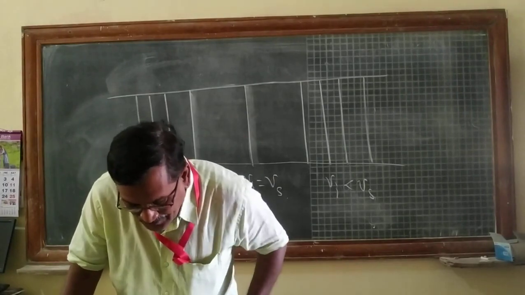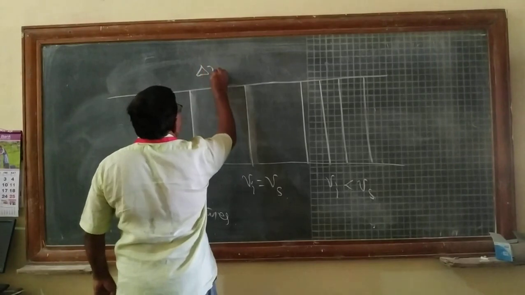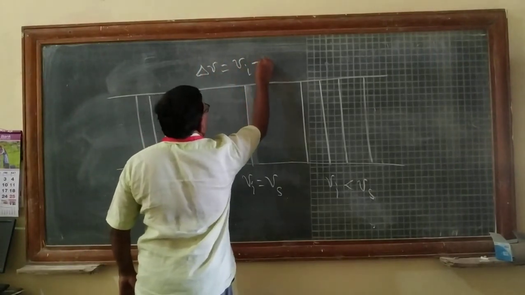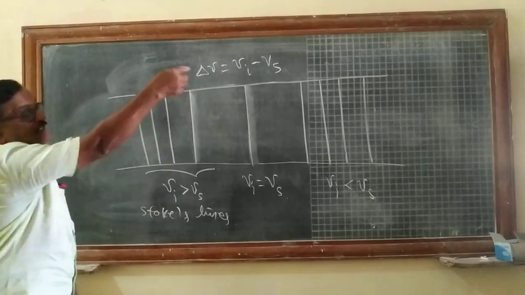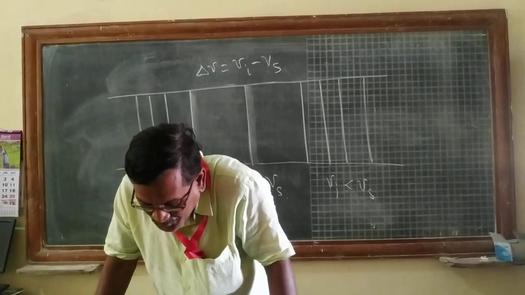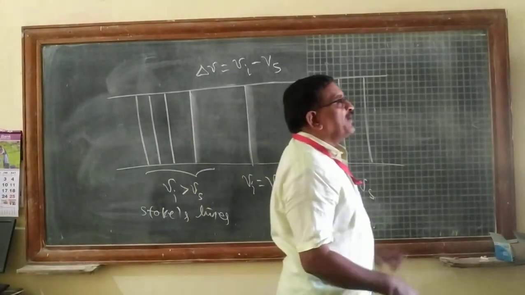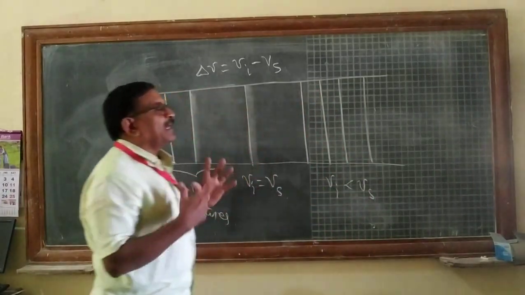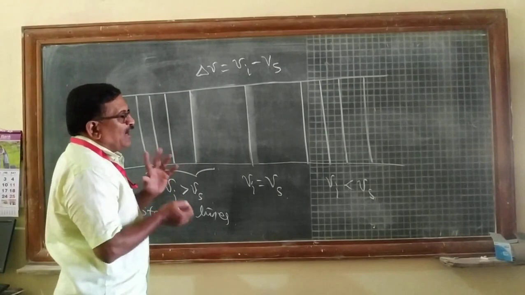Next, if Δν is equal to ν_I minus ν_S, that is called the Raman shift or the Raman frequency. What does the Raman shift mean? It is ν_I minus ν_S.